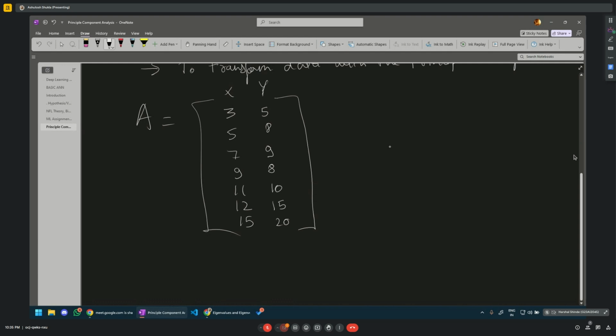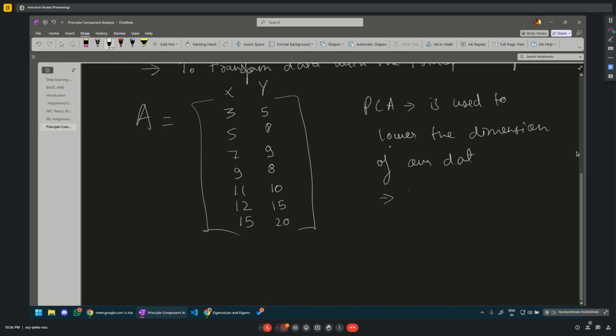Now let's quickly first understand what does principal component do. So principal component analysis, what does it do? So PCA is used to lower the dimension of our data.